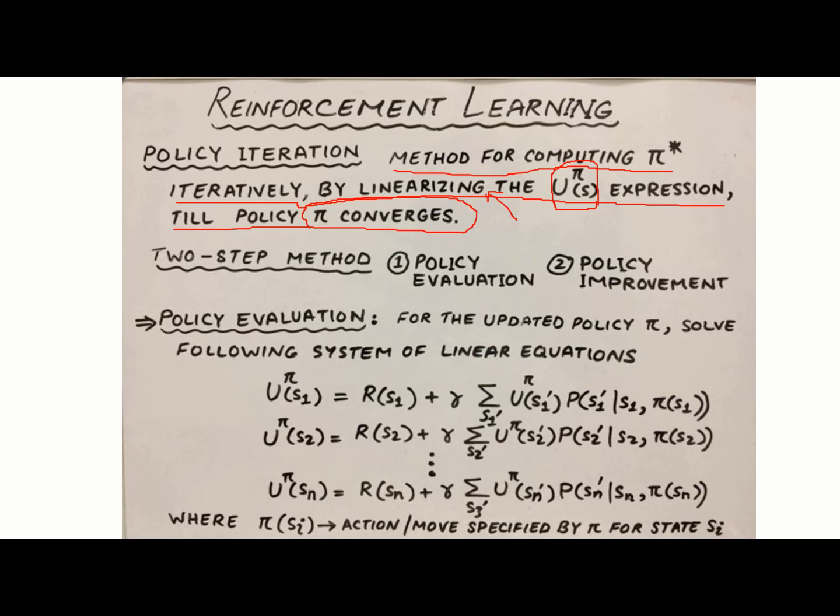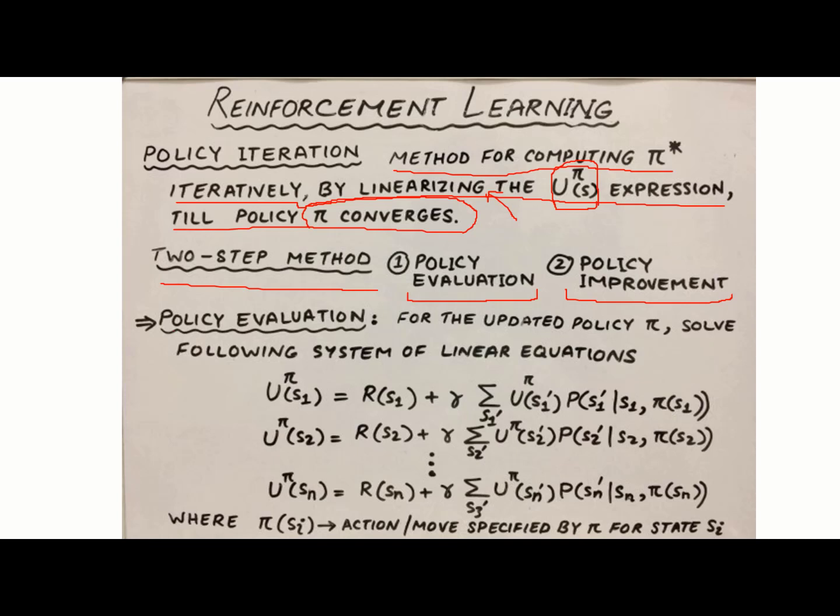The policy iteration method is actually a two-step method. In the first step, we are going to execute the policy evaluation. In the second step, we are going to improve the policy. And these two steps occur in tandem in each iteration, and hopefully when the policy converges, it is the optimal policy.